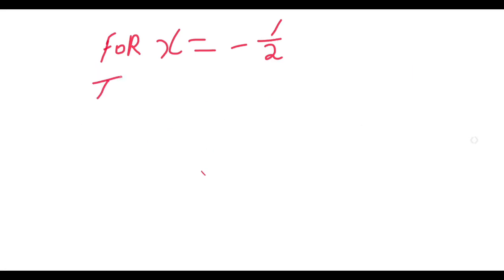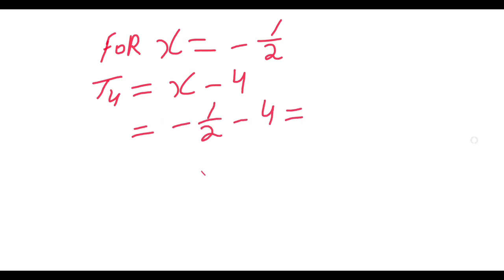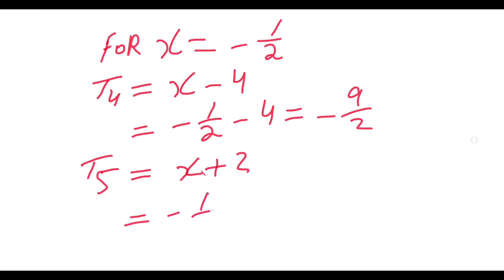So we got term 4. Term 4 is x minus 4. In place of x I'm going to put negative 1 over 2, minus 4. I use my calculator. The answer is negative 9 over 2. And T5, x plus 2. In place of x I'm going to put negative 1 over 2 plus 2.